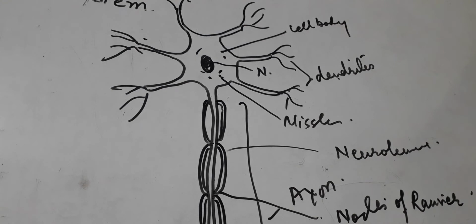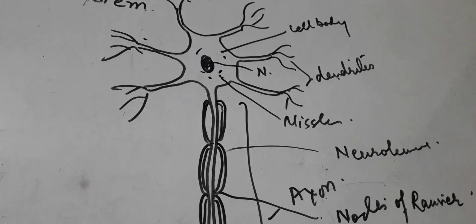The axon terminal is closely, that is the synaptic bulb and synaptic cleft. This is attached with the dendrites of another neuron and makes a thin fiber. That fiber is known as nerves.